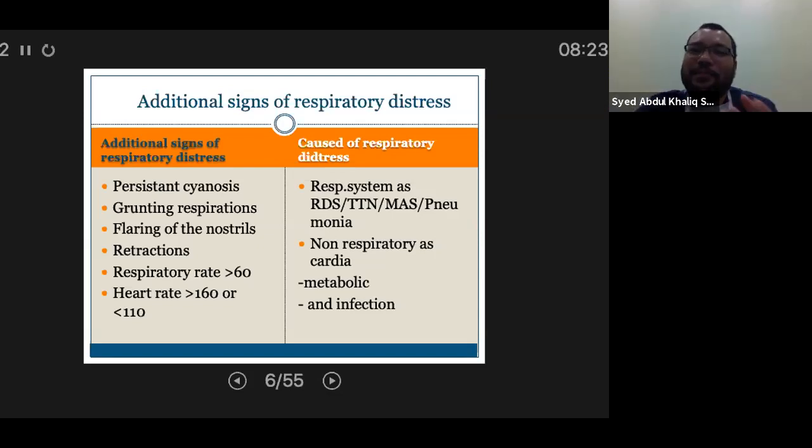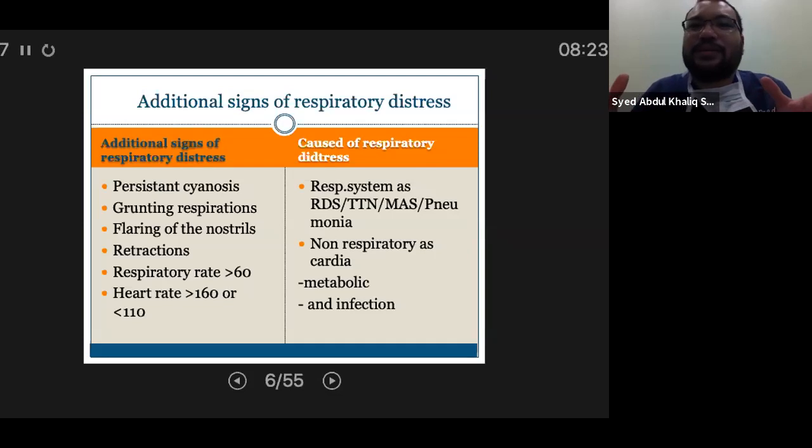So basically what happens is the child closes the upper airway, they close the vocal cord, and they increase the intrathoracic pressure, kan? So with the increment of thoracic pressure against the closed vocal cord, what's going to happen is the airway is going to open up.